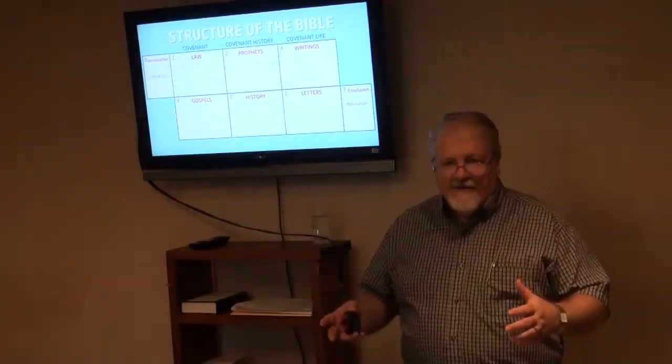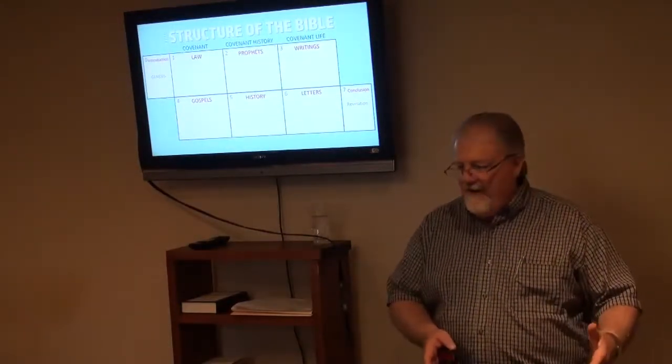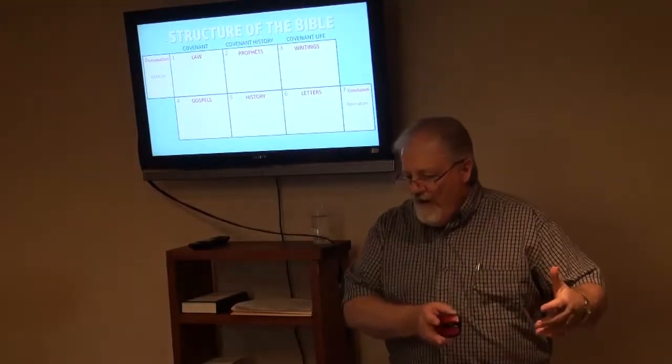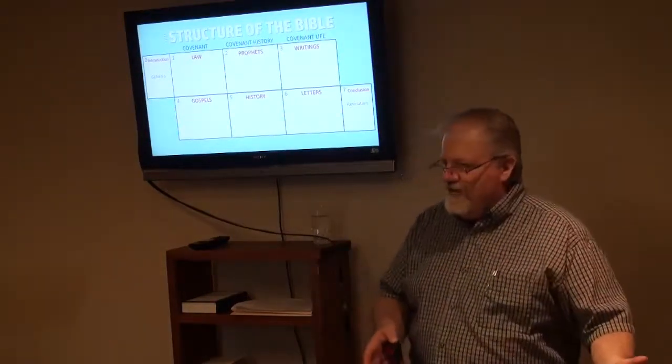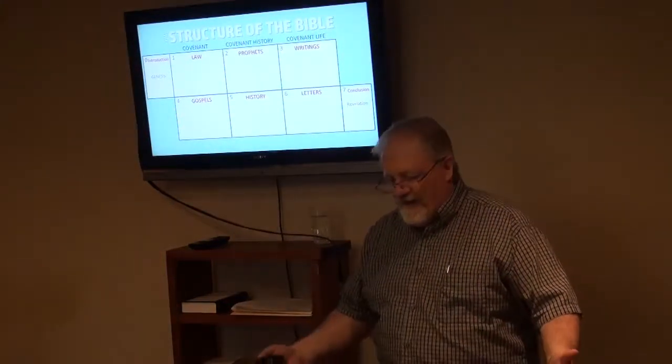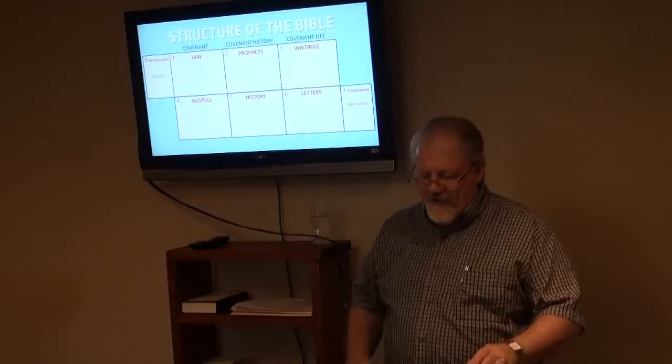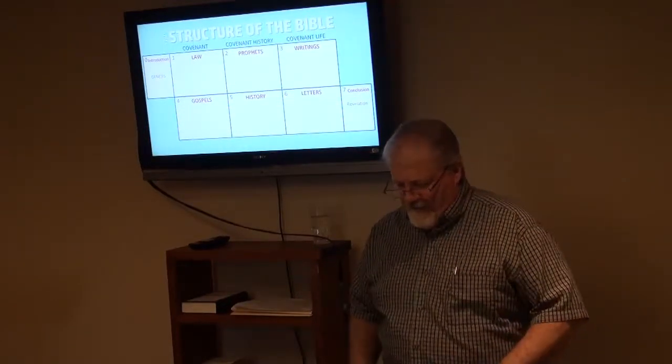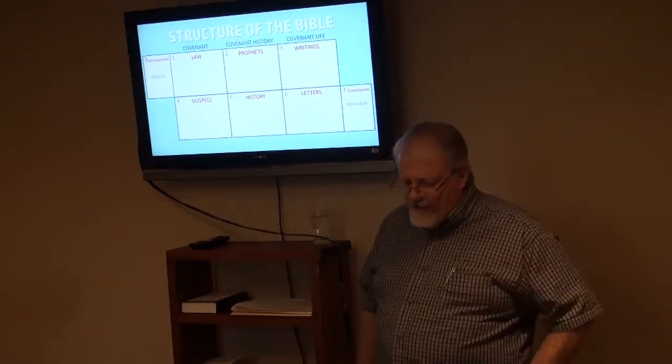And of course, Revelation is a summary of the whole time from the ascension of Christ to the second coming of Christ. So we have Genesis in our introduction and Revelation in our conclusion.